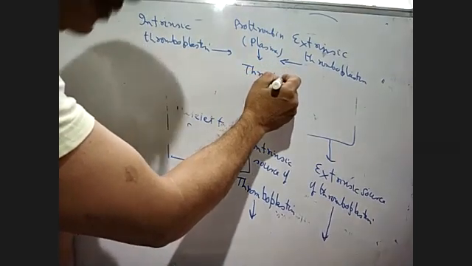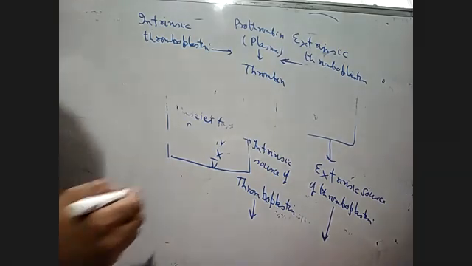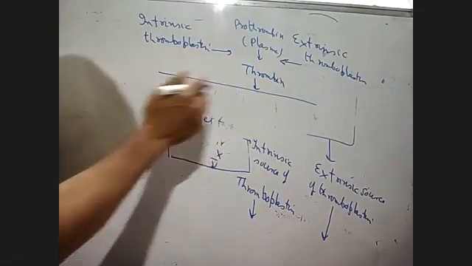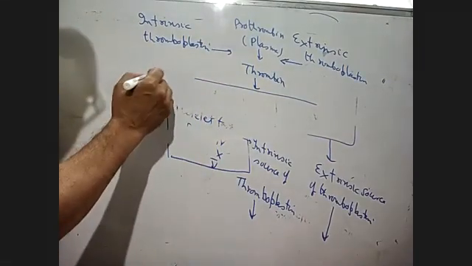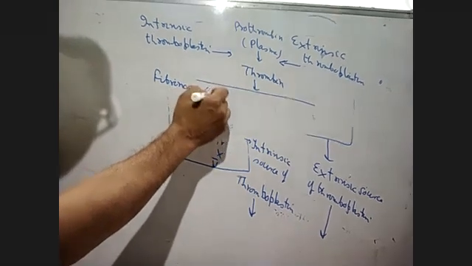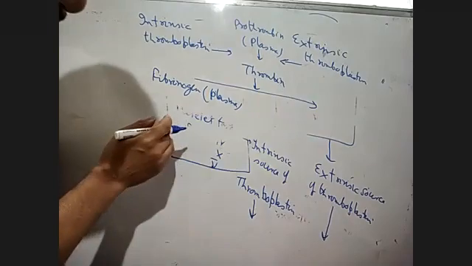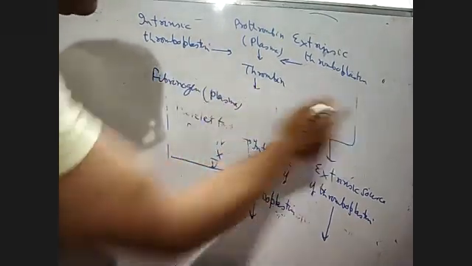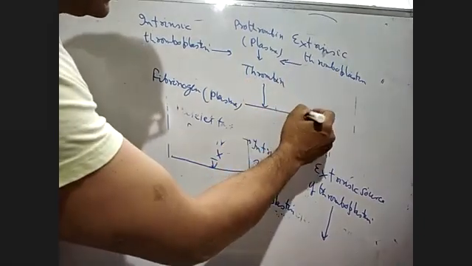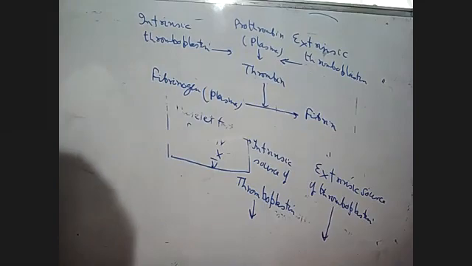Thrombin will convert fibrinogen of the plasma into fibrin. Fibrinogen of the plasma is converted into fibrin with the help of thrombin.